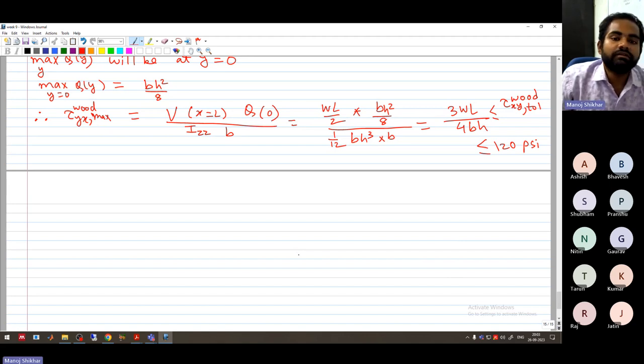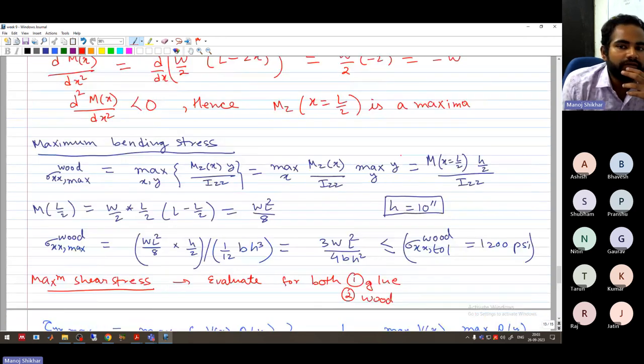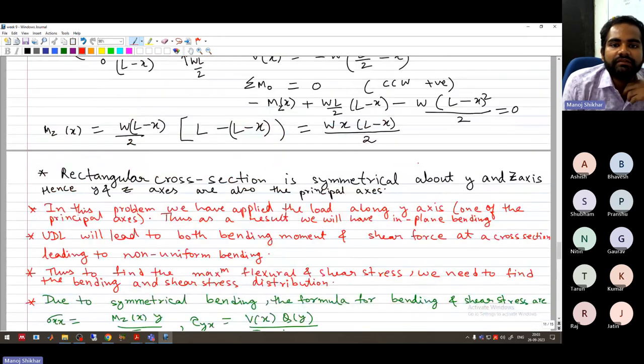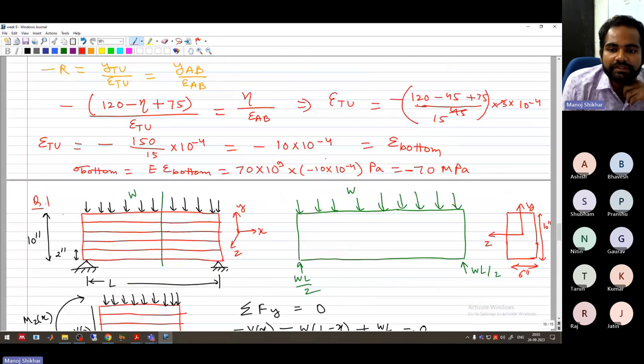Now we have to find the shear stress in the glue. So tau yx max for glue. Now for this, we have to keep in mind that glue is not present everywhere. Glue is present only where our planks are connected with each other.